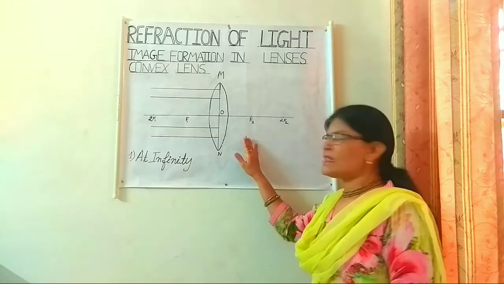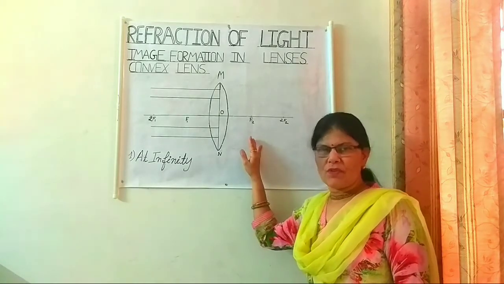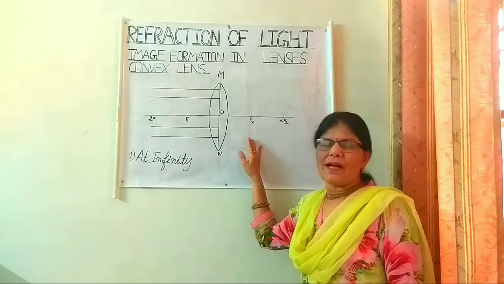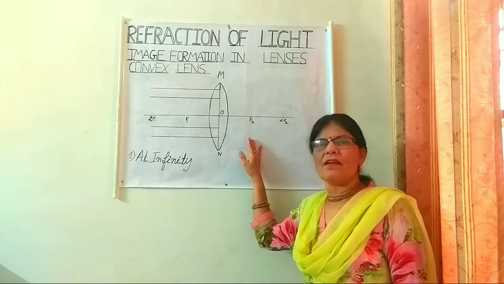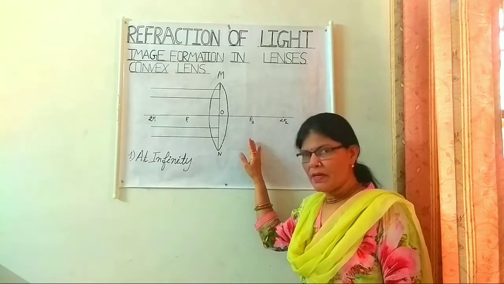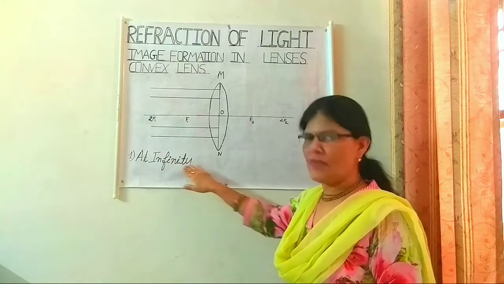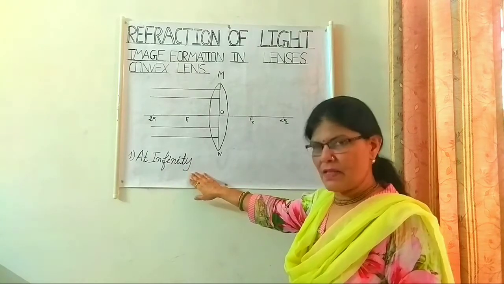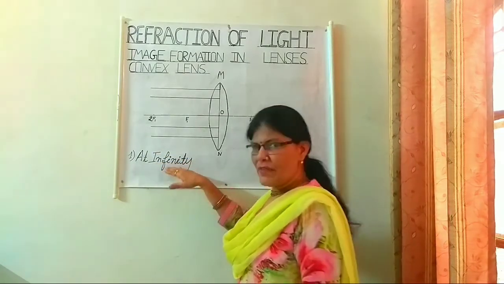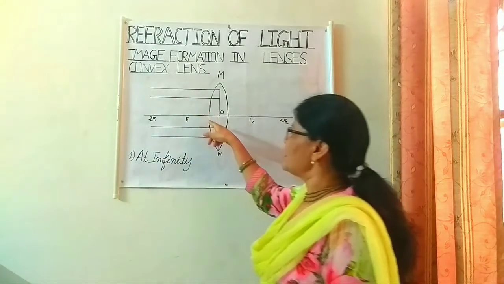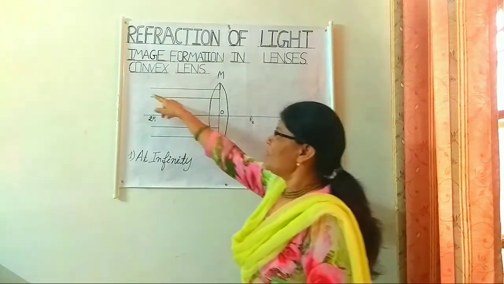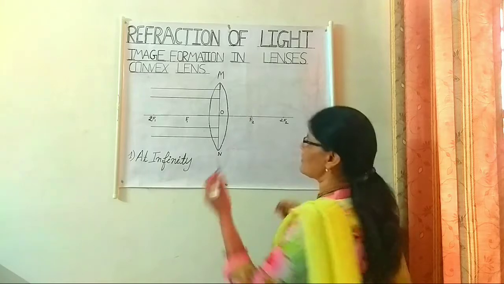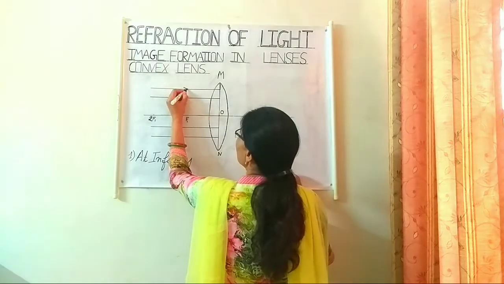In the convex lens, our first case is the same as what we have already done to show that a convex lens is a converging lens. Here our object is at infinity, and from infinity a parallel beam of light is coming. All these rays are incident rays.